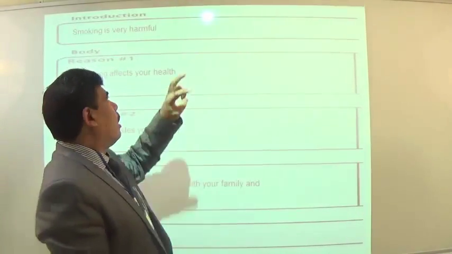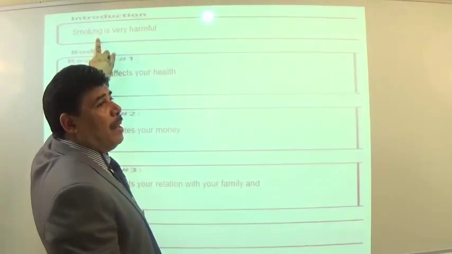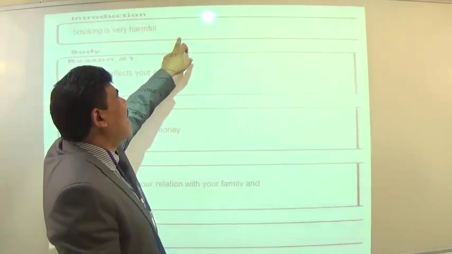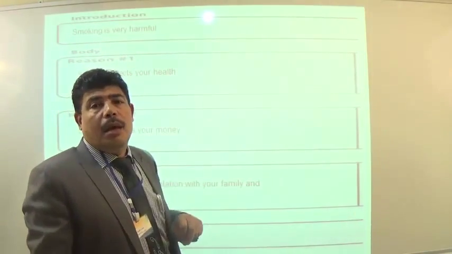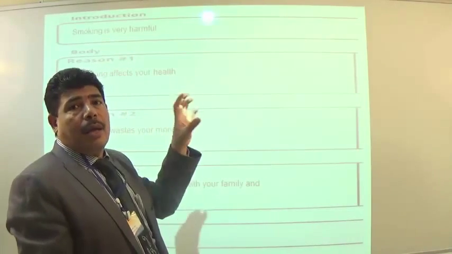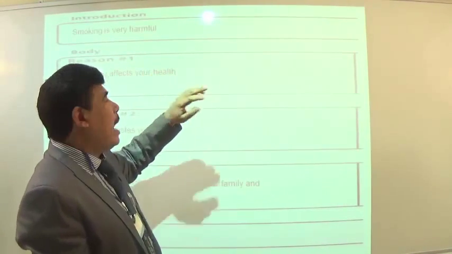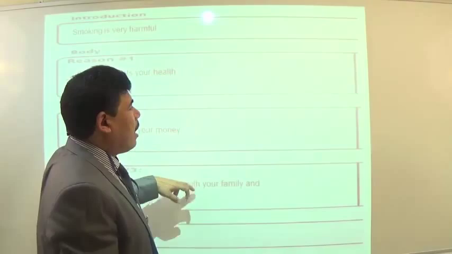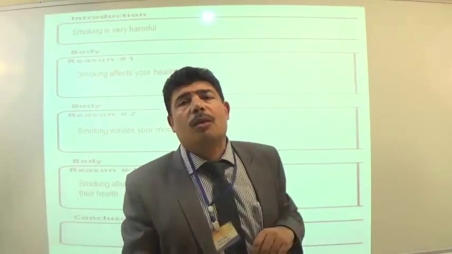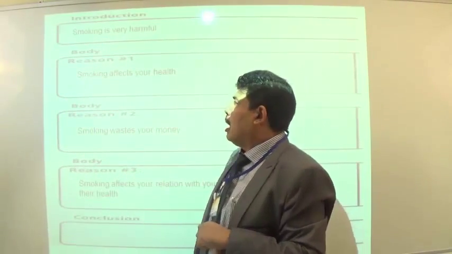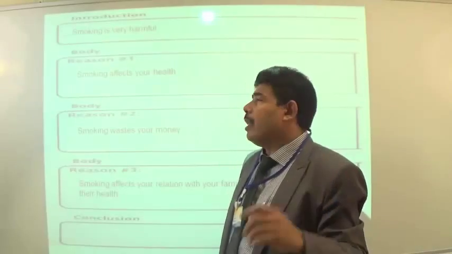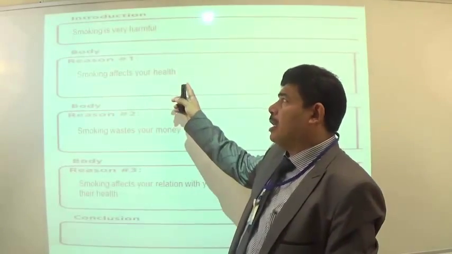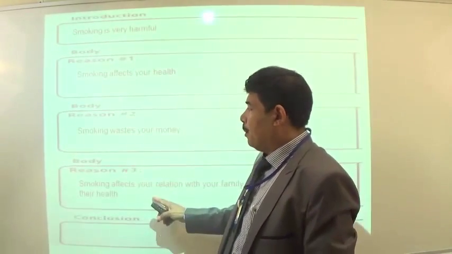And it's better that you write the introduction, the main idea, and try to list the 3 reasons just in brief. Okay, and each paragraph will deal with just one reason out of these 3 reasons you are dealing with in the persuasive essay. This is for reason 1, 2, 3.